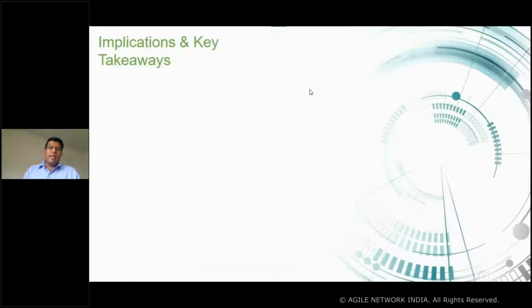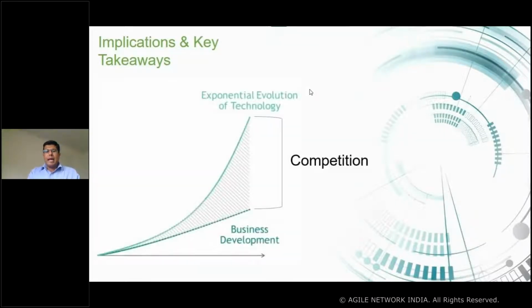Hence, the implication and takeaway is that if your business development is happening on a linear scale, and because of the exponential evolution of technology your competition is growing at exponential scale, you can be out of business. So this is what has been happening for many companies.